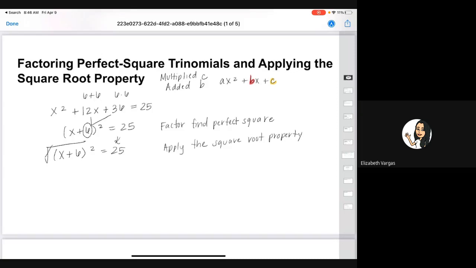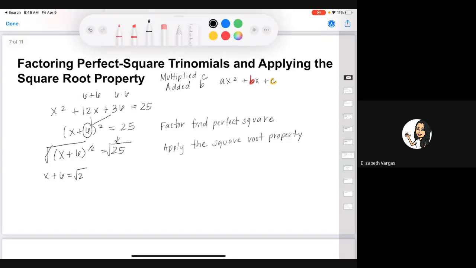So x plus 6 equals the positive square root of 25, which is 5, and the negative square root of 25, which is negative 5. So I'm taking both the positive square root and the negative square root, which we solved in the other problem, right? And so now I'm going to solve for x.